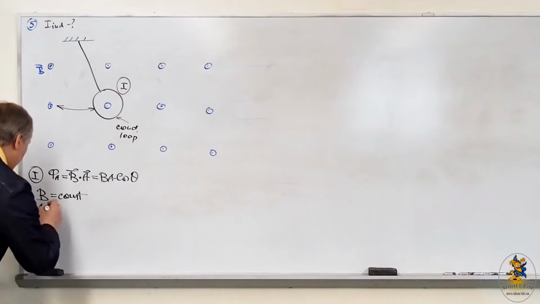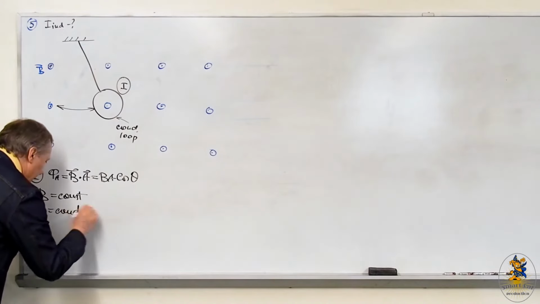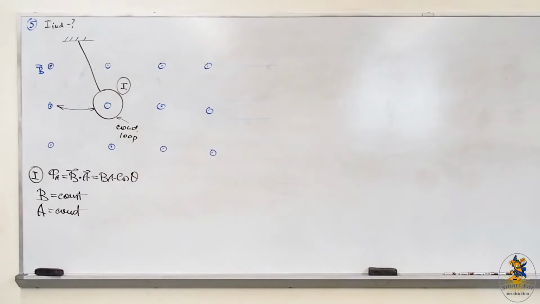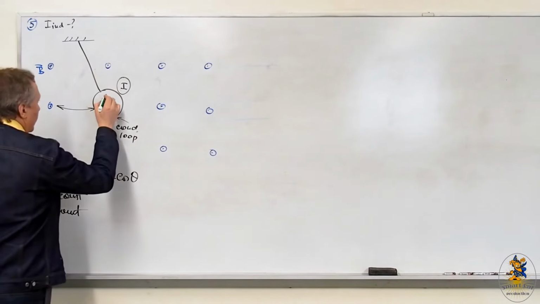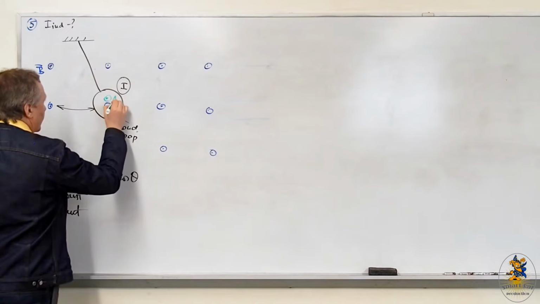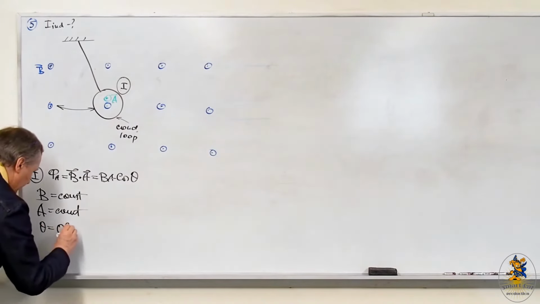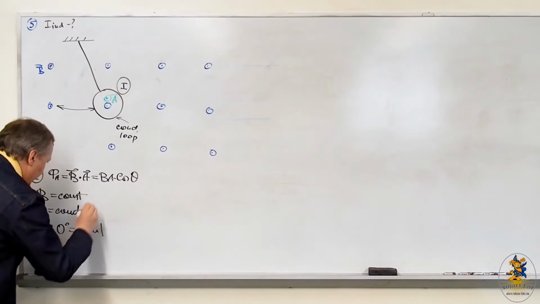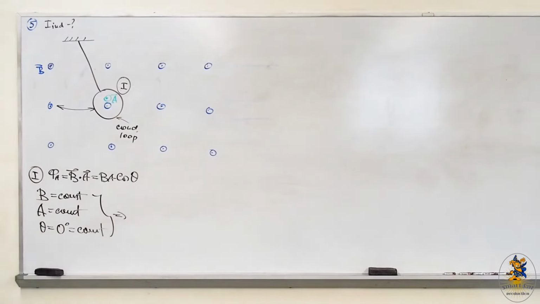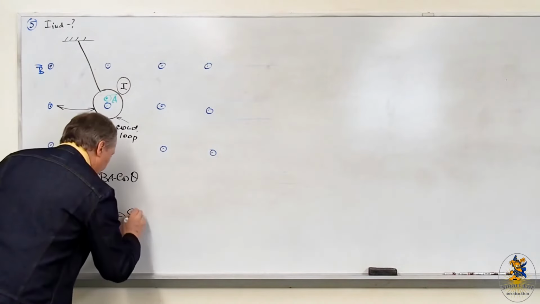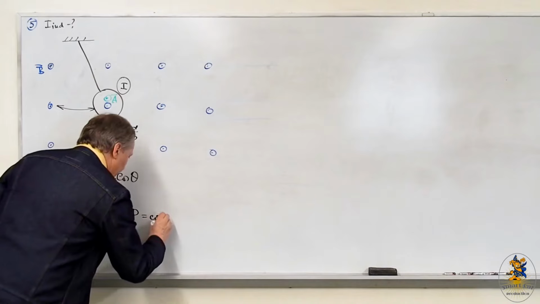So area is also constant. Then the angle theta. I can pick the area vector in the same direction as the external magnetic field, so the angle will be 0, constant. So as a result, flux is constant in time.